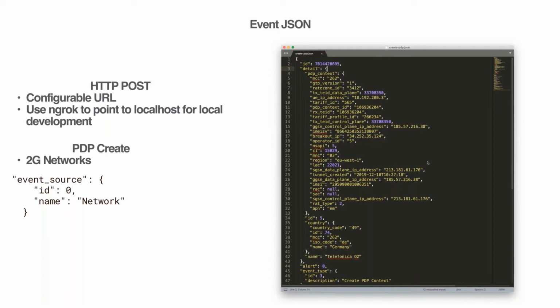So in the EMnify user interface, what we do there is provide a URL. And what we can do to show this off is actually to use this ngrok tool to point to localhost, and we can show a very basic example working in this case.